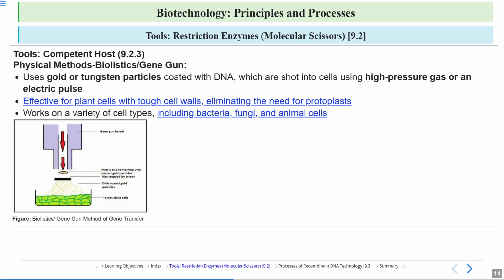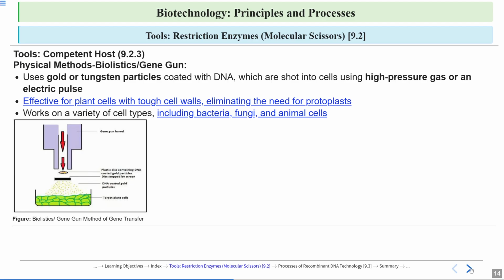It is usually effective for plant cells because of their tough cell walls, but we can use it for others also. You need to know gold and tungsten particles, high pressure gas or electric pulse, and its names, gene gun or ballistic.